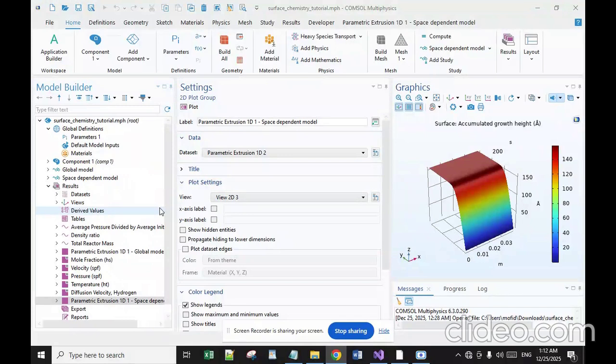This means that overall mass is leaving the system. This is to be expected since silane is being consumed, which has a molecular weight of 0.032 kg per mole, and replacing it with hydrogen, which has a lower molecular weight of 0.002 kg per mole.